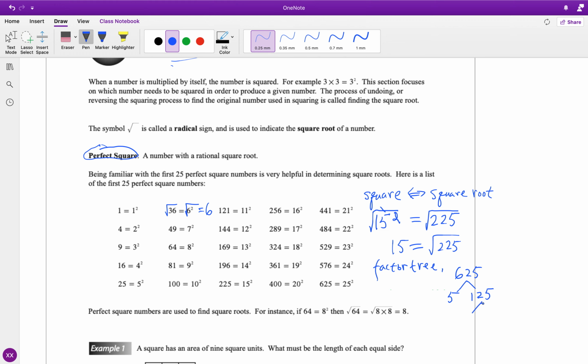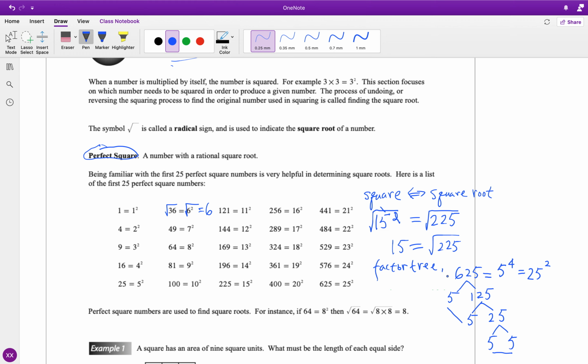And then we divide it by 5 again, and that is 25, right? And then we divide it by 5 again, and that's 5. So in this case, this could be written as 5 to the power of 4, but it can also be written as 25 and 25, so 25 to the power of 2.